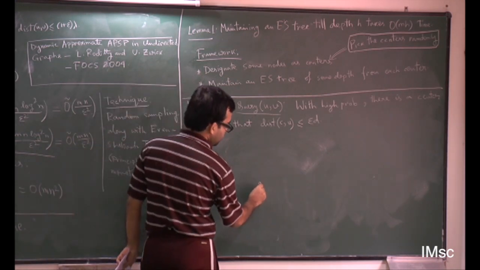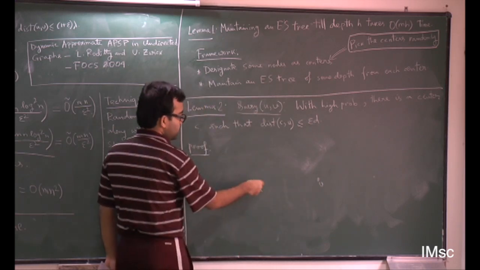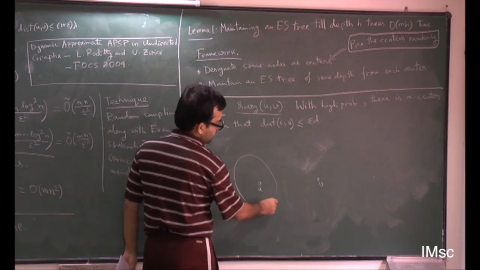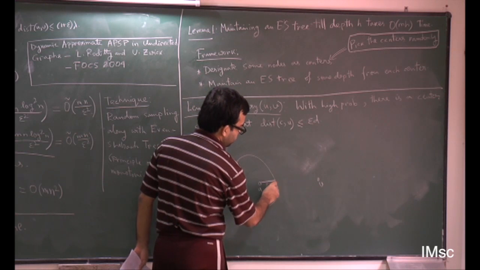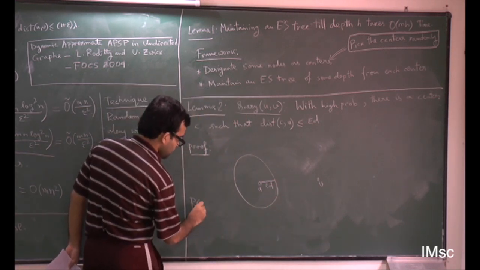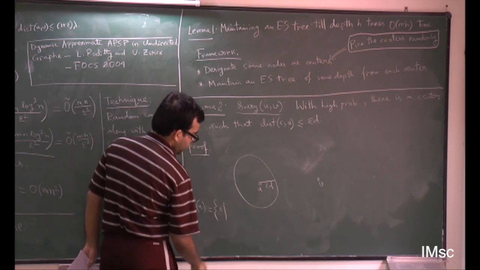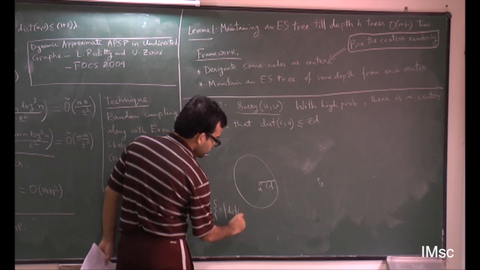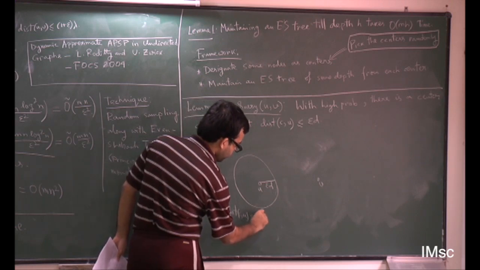So, this is u, this is v. Now, just look at a ball around u of radius epsilon d. So, what is this ball? This just consists of all the nodes S such that its distance from u is at most epsilon d.